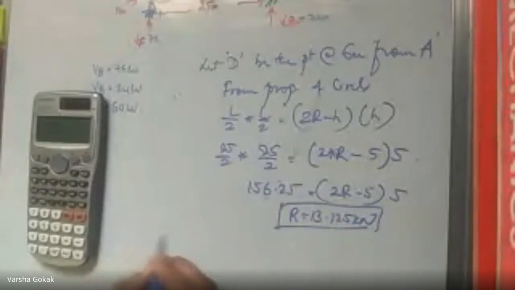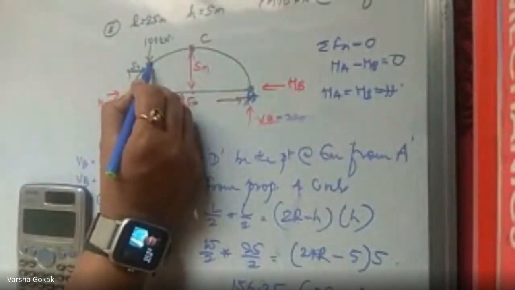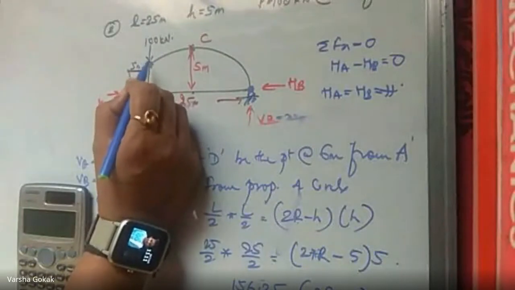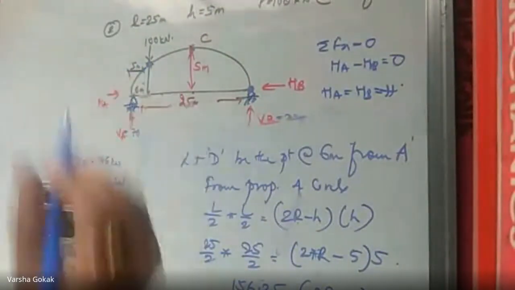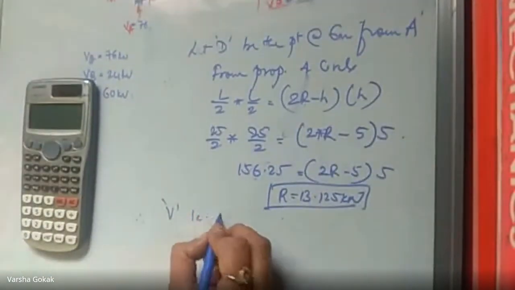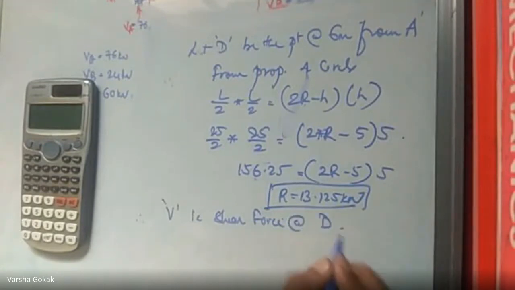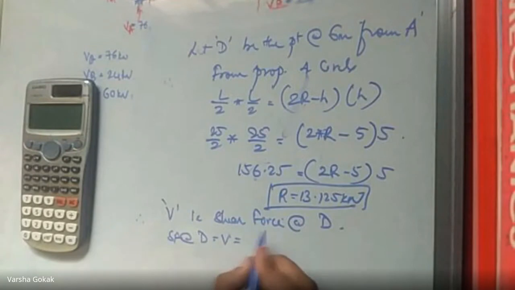13.125. Therefore, before calculating the normal thrust and the radial shear at this point, I need to calculate the V at that point, that is, the shear force at D. Shear force at D, V, is going to be VA. Anything else?